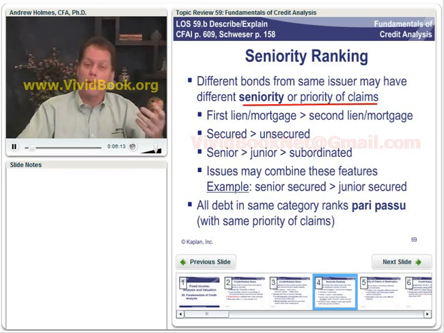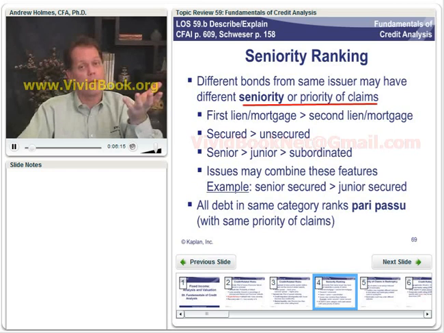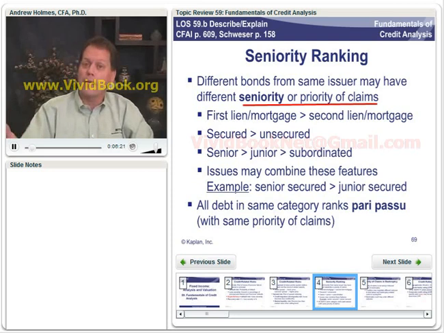Now, of course, the higher the credit worth of the company, the rising tide's going to raise all boats. So even if we're talking about subordinated debt, subordinated debt in a highly rated company is better than subordinated debt in a low rated company. But within that company, we can have very, very different claims based on seniority.